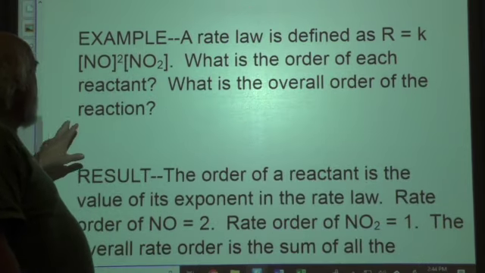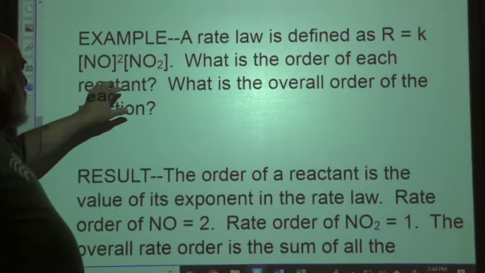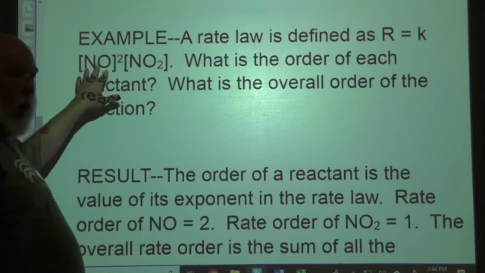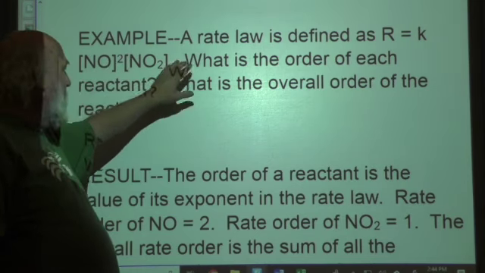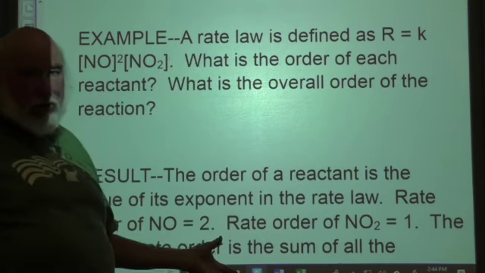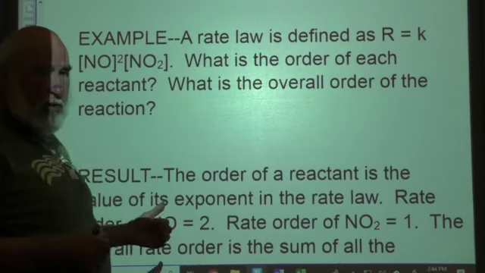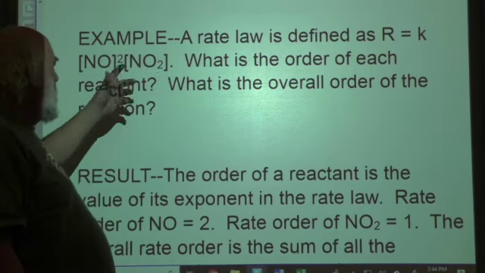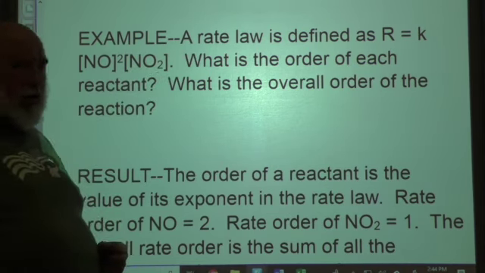So, since the exponent here is 2, we say that this is second order in terms of NO. Since the exponent here is not written, we understand that this is assumed to be 1. So this is considered to be a first order reaction in terms of NO2.